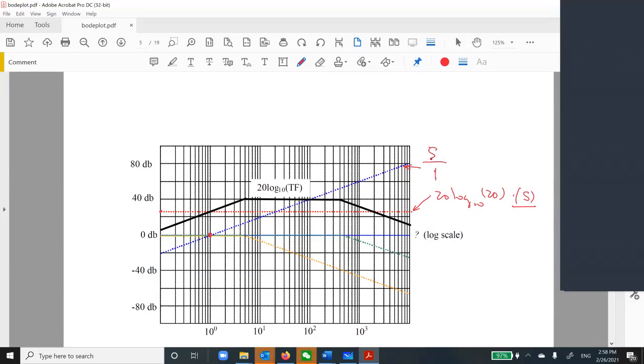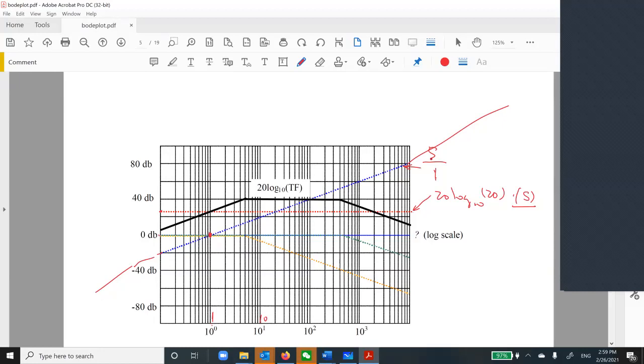So this one will go all the way up and down to infinity, right? But you need to pass through 0 dB at 1. This is 1, this is 10. All right, so that is the blue one.